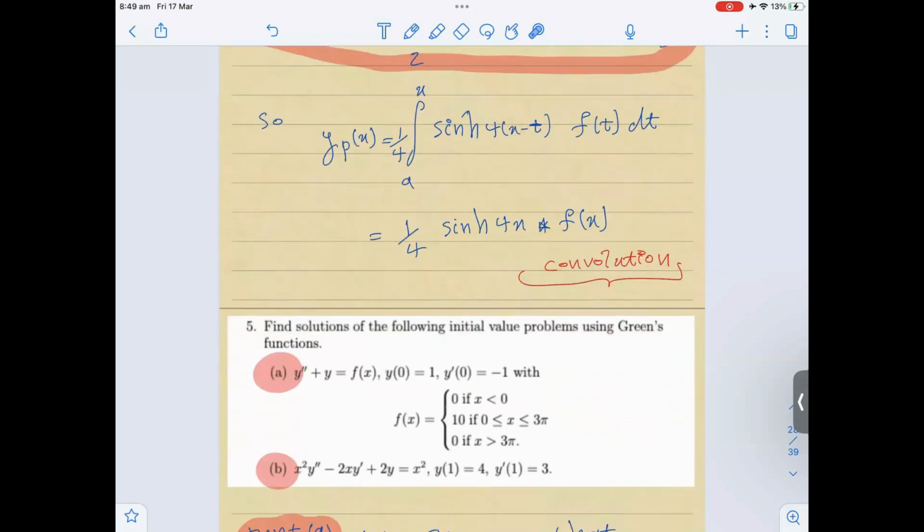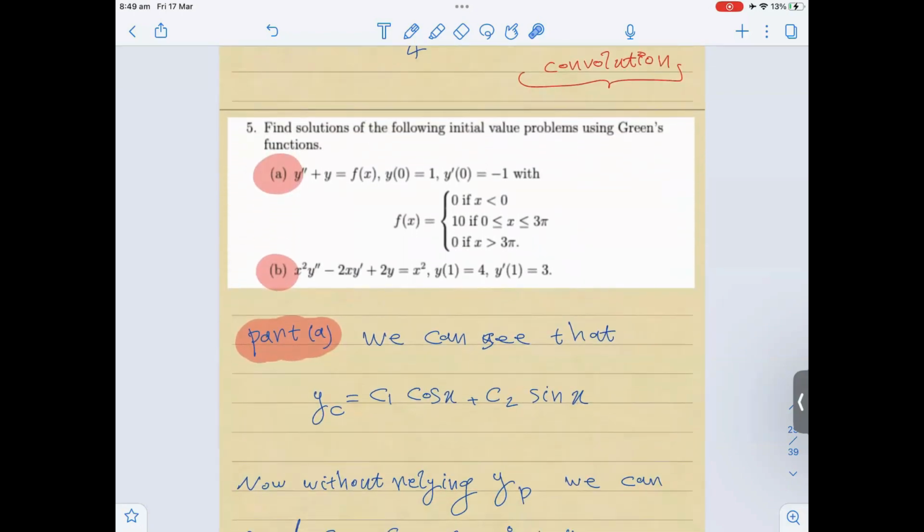All right, let's do the last question. Question 6 will be left to next week because you don't need BVP in your assignment. You need IVP. Now, seeing this f(x) is a real f(x), you will see the importance of Green's method.